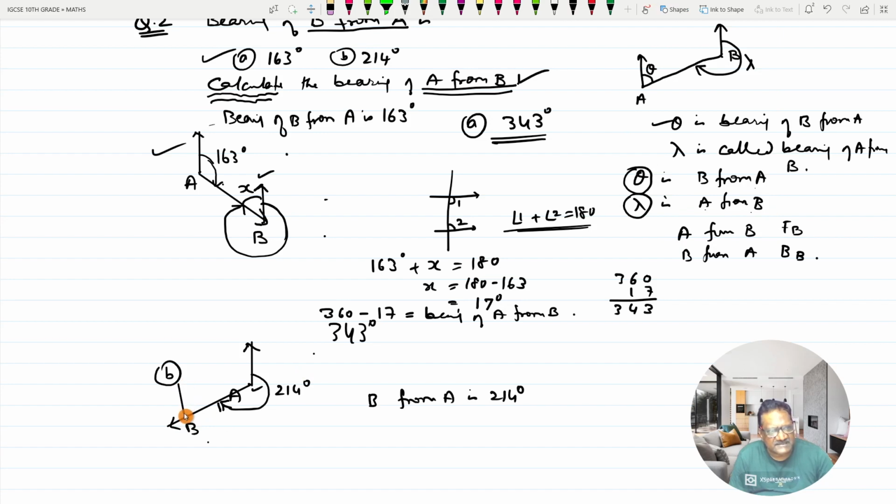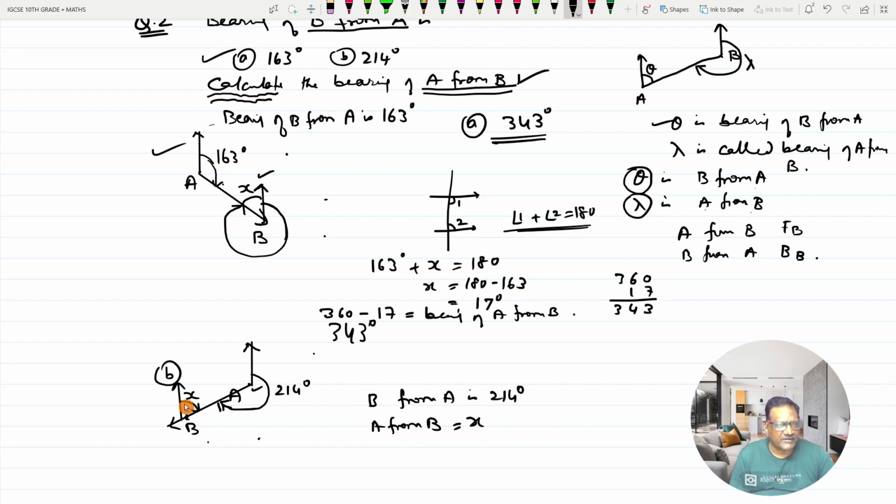Now from this north direction arrow I'm going to travel in the clockwise direction till I reach this line AB. This particular angle will be my bearing of A from B. So A from B will be equal to X.